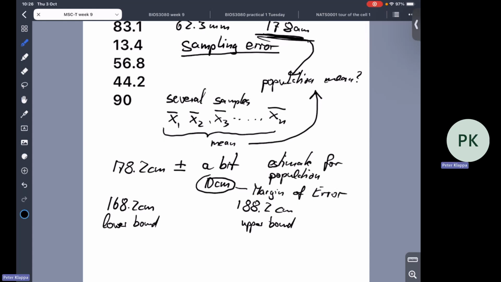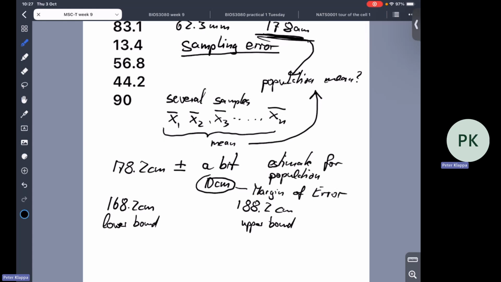And then I can say, okay, I think that the population mean is 178.2 centimeters plus minus 10 centimeters. Or I can say even, I think the population mean of all the students here is between 168.2 centimeters and 188.2 centimeters. Both expressions are equally valid.